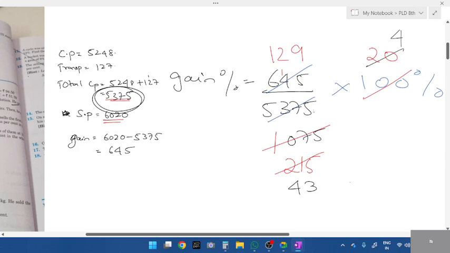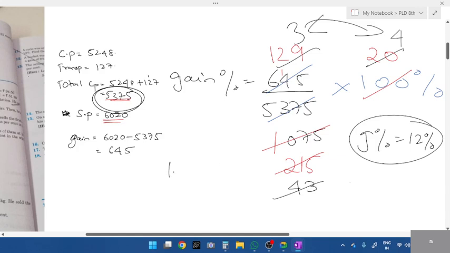Now 43 and 129. 43 goes 3 times. So gain percent is 12. See, 129 over 43 is left, students, and we have 4.